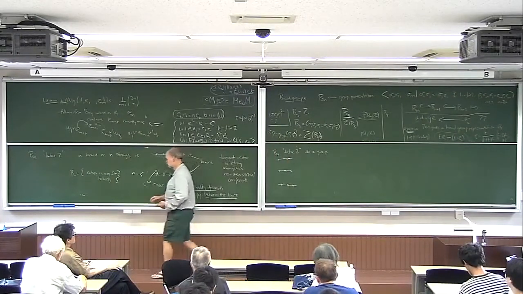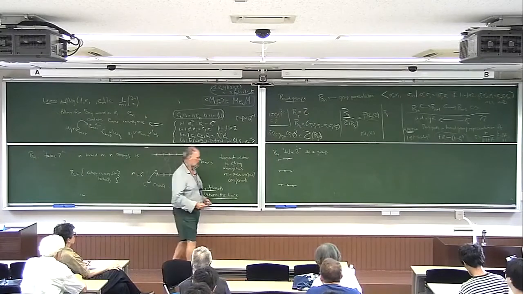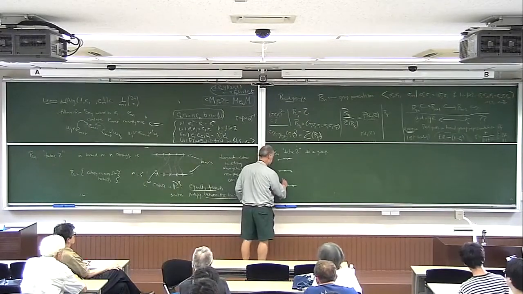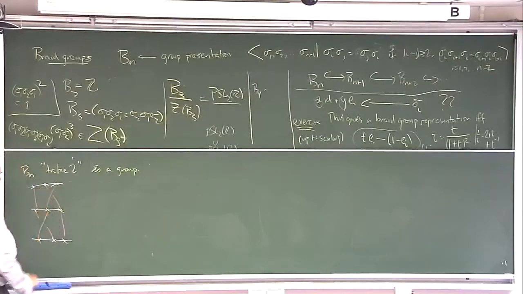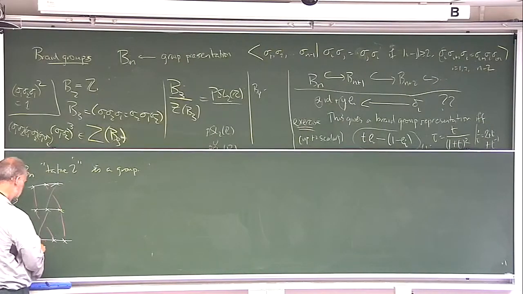We have any old braid here, say that one, and any old braid here, say that one. Then we just stack this second braid: if this is alpha and this is beta, then alpha beta is what you get by stacking like that, and then you take away the middle bar.